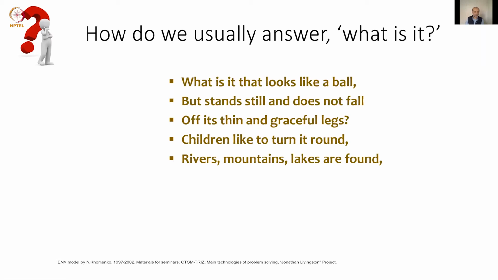Bala, do you have any idea what it can be? I was thinking, till line number 3, of a hedgehog standing on its legs. That's what I thought. Then it said children like to turn it. Oh no, that can't be the case. Now I'm completely confused. Rivers, mountains, lakes are found on something that children can turn around.